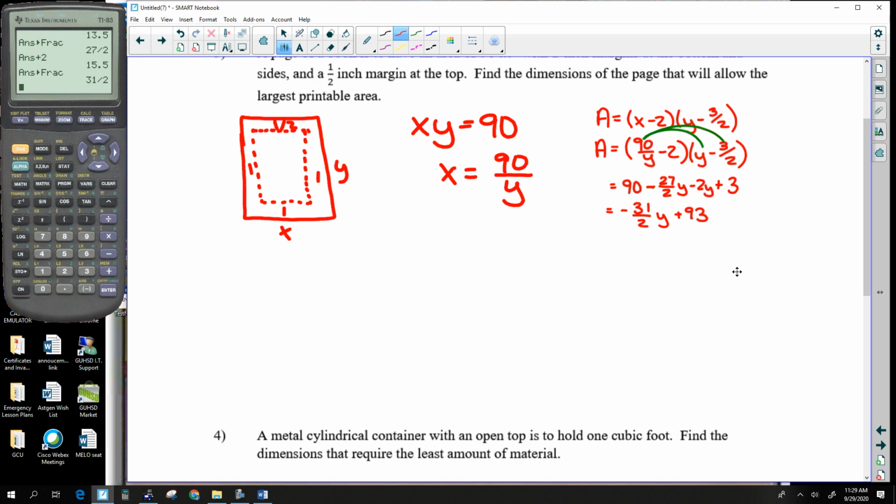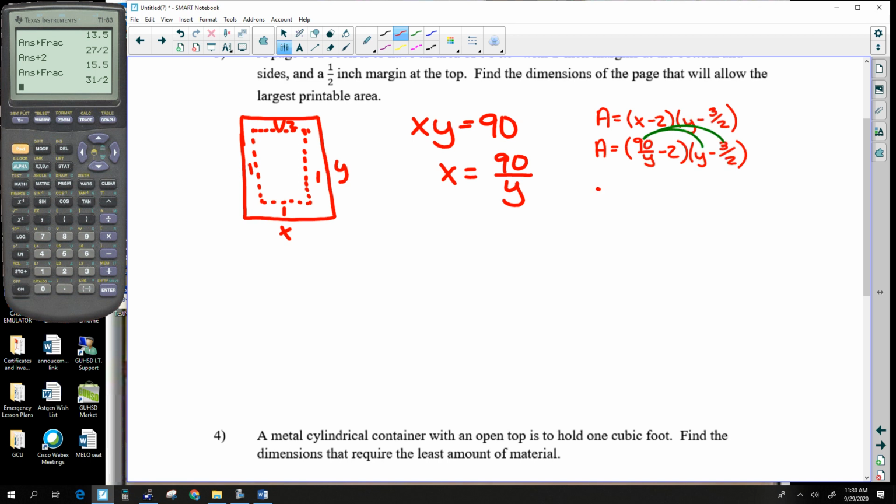Oh, I know why. I see a mistake in my math. That's why. Because you're an idiot. All right, let's back this up. Hold on. Let's try this one more time.